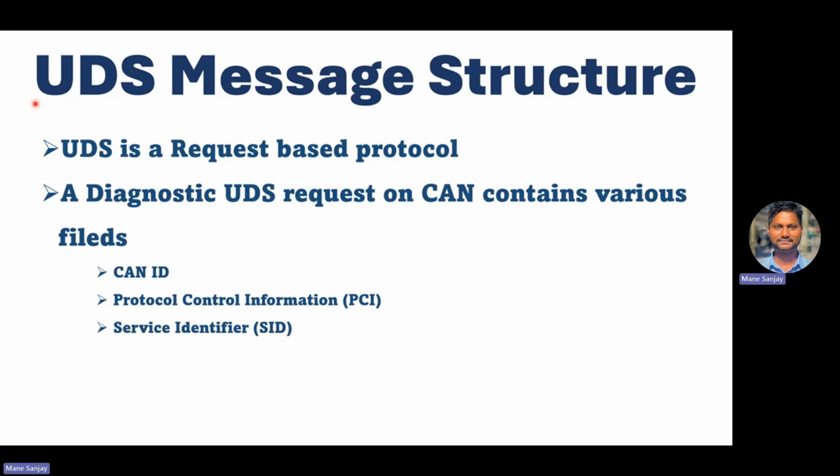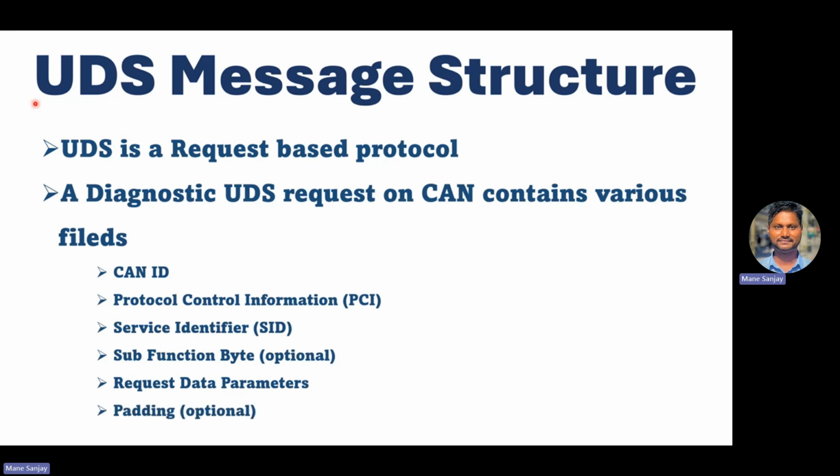Each service has a unique identifier number assigned to it, and that number is called the service identifier. Then the sub-function byte. If a specific service has scope for multiple sub-services, that is called a sub-function. Then the next field is the request data parameter, and the last field is a padding field.